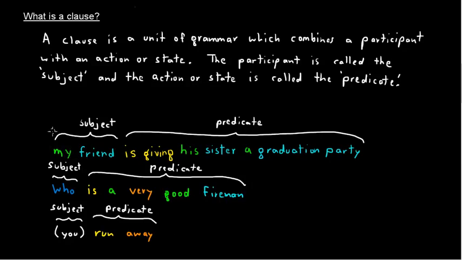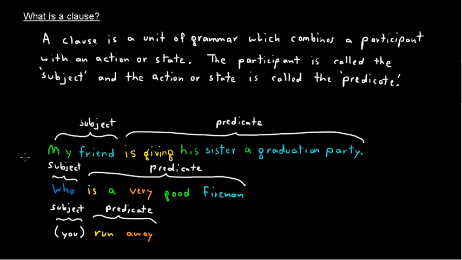So this is pretty easy, and we'll do more on these terms later. Put a capital letter and a period, and we now have a statement. And clauses that make statements are called declarative clauses.